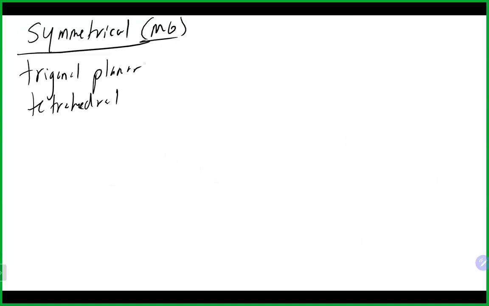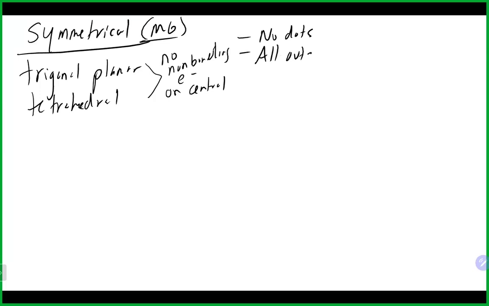If you remember what each of these look like, they have no non-bonding electrons on the central atom. So if you have one of these geometries, which basically has no dots and all the outside atoms are the same, it is going to be a non-polar molecule. It's a pretty safe bet.